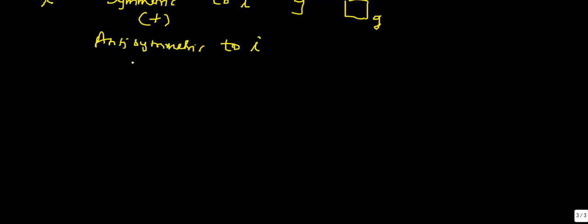That is, whenever you find center of symmetry I, if it is symmetric to I, that is positive, then you will make use of the suffix G. When it is anti-symmetric to I, that is minus, you make use of the term U, ungerade. G is gerade and U is ungerade.